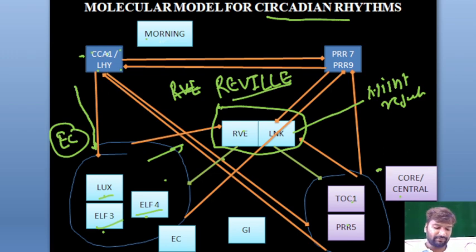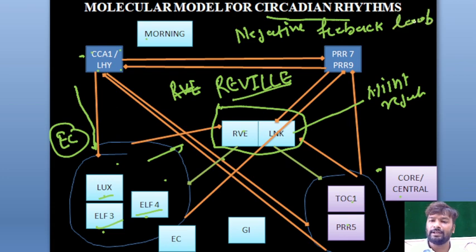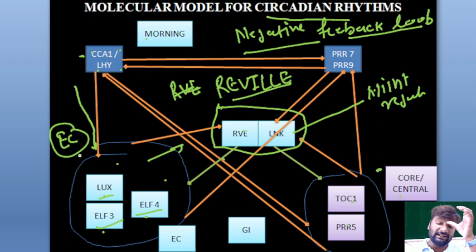In this there are many genes, some expressed during the morning hours like CCA1 and LHY, and some are the central core which regulate both the morning and evening complex, and the morning and evening complexes form a negative feedback loop, meaning the evening genes repress the morning genes and the morning genes repress the evening genes, and these RVE and LNK, Reveille and night regulated genes, form positive feedback loops.